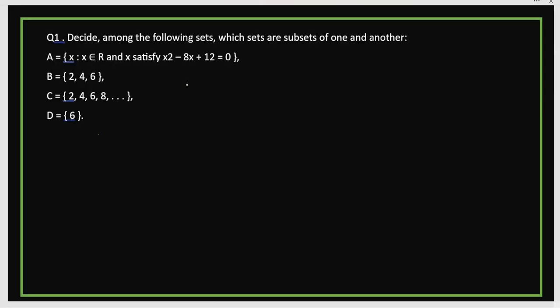So in this, what is set A equal to? The solution set of the equation x square minus 8x plus 12 equals 0. This is (x minus 6) into (x minus 2) equals 0.